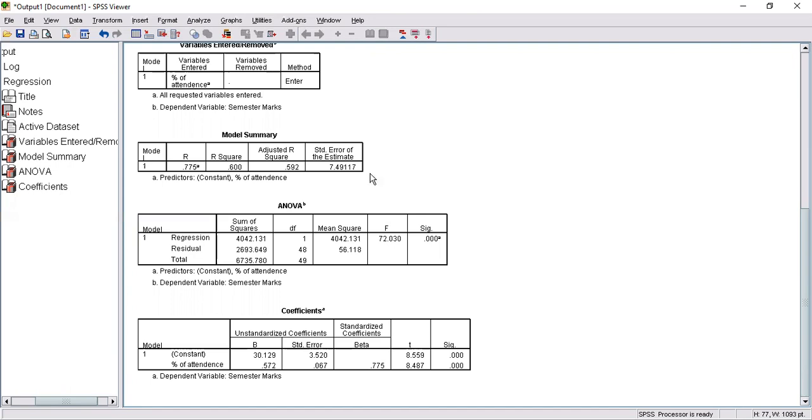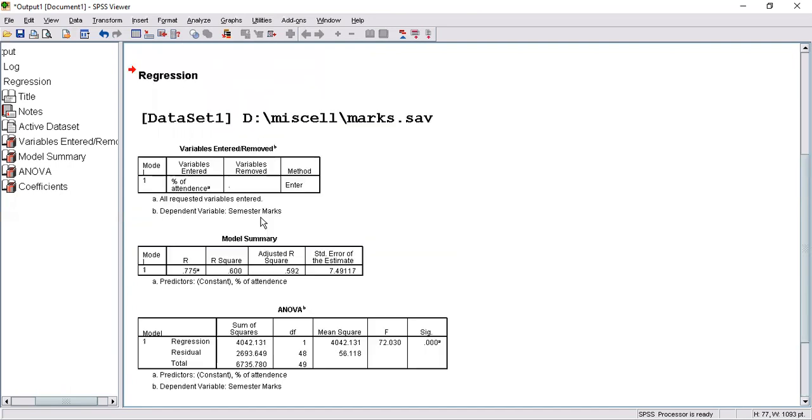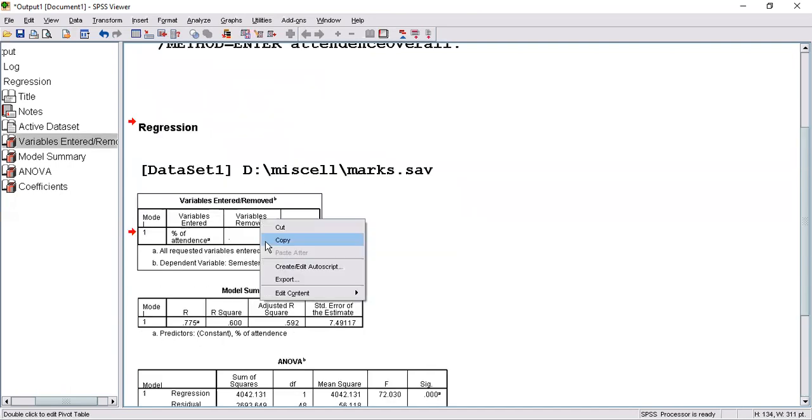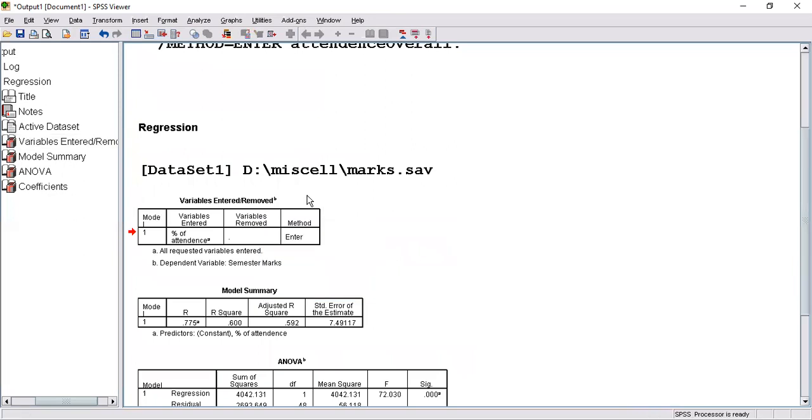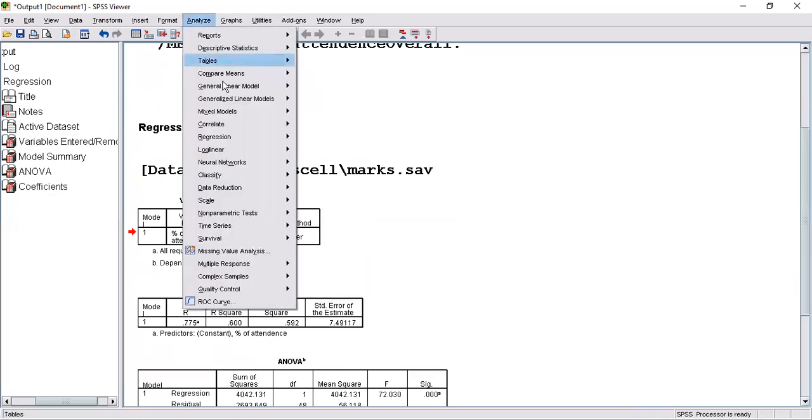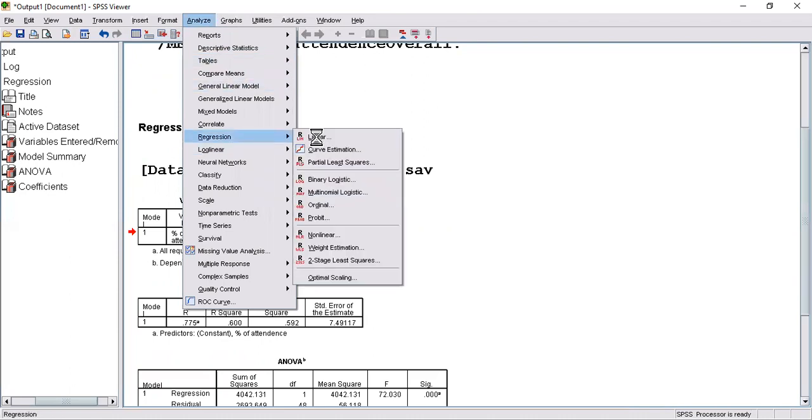Now suppose I am interested in another variable, the second variable, in regression.